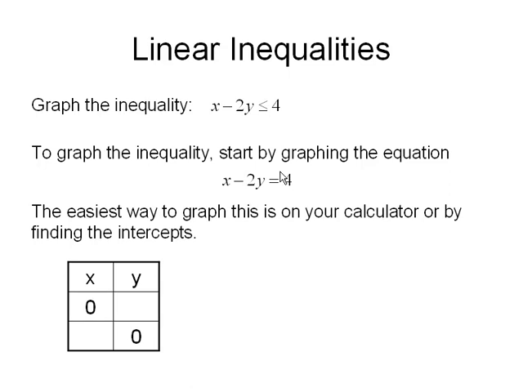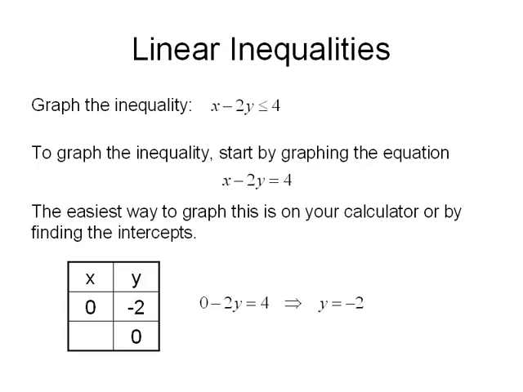So the easiest way to do this is on your calculator, but there you'd have to solve this for y, and that might take a little bit of time, or by finding the intercepts. So I've gone ahead and started a table here, and we have to find the other variables.